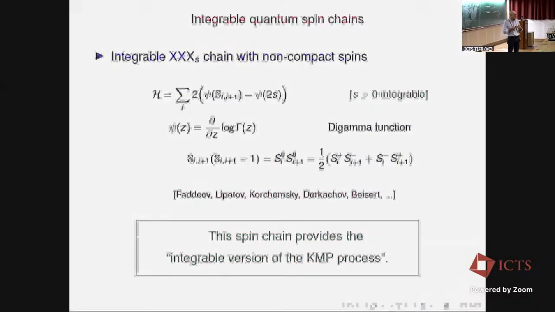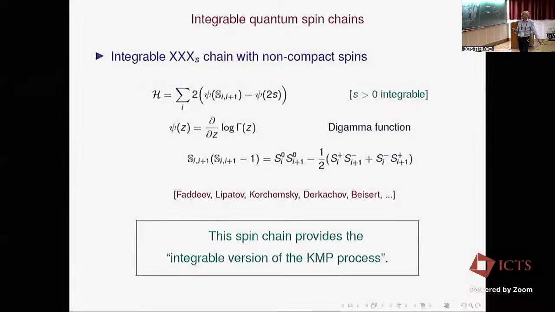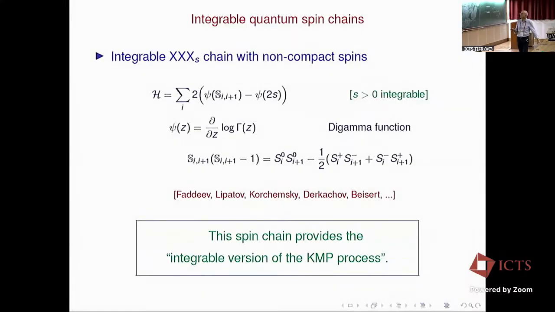chains with SU(1,1) symmetry, which indeed are already well known. Several people work on that from the perspective of theoretical physics and string theory, and they are very elegantly written in terms of the digamma function. But the problem is that they involve this operator, I don't know how to call it, stylized S, which is defined implicitly from the coproduct of the Casimir.